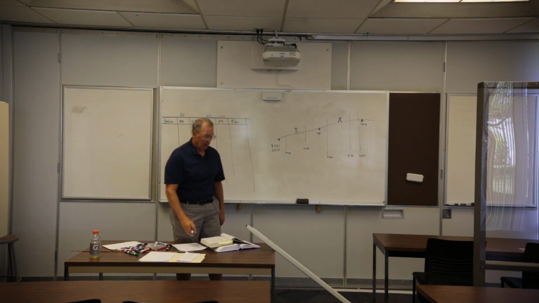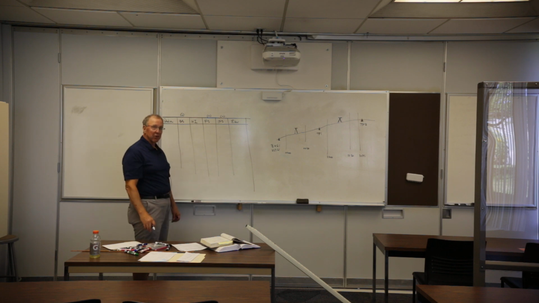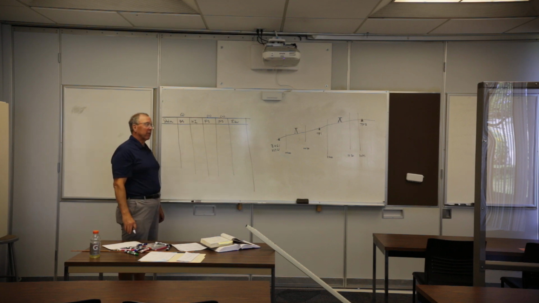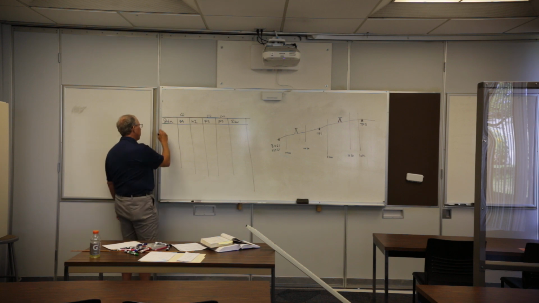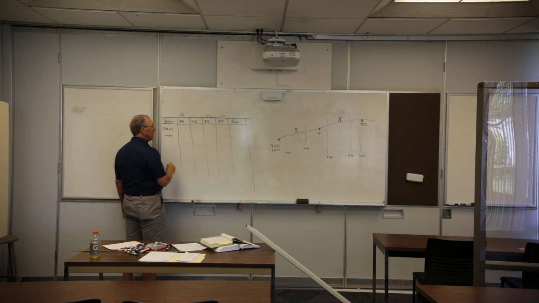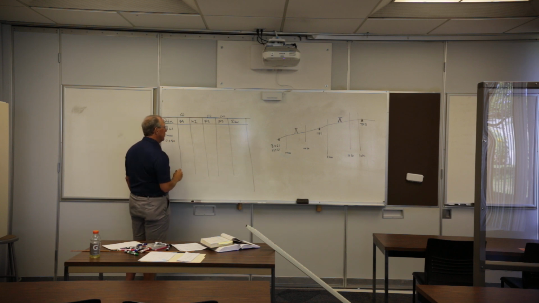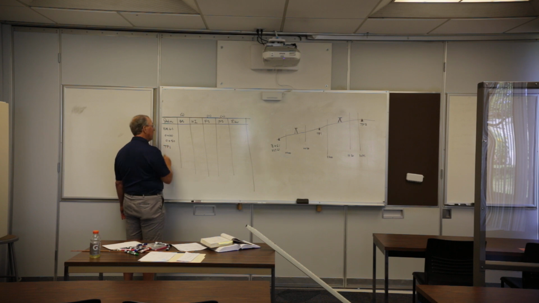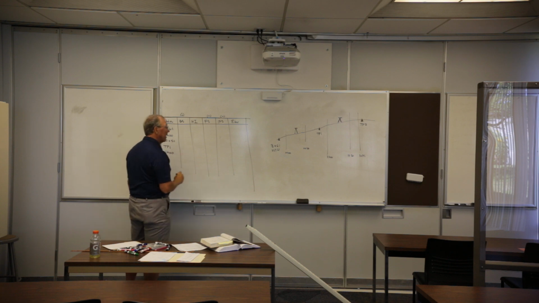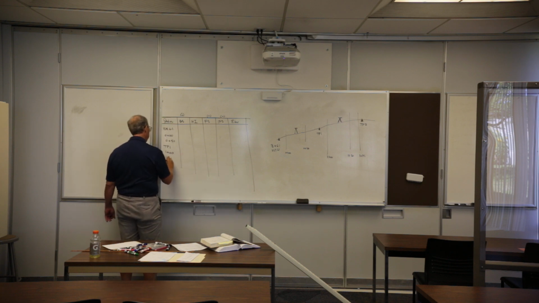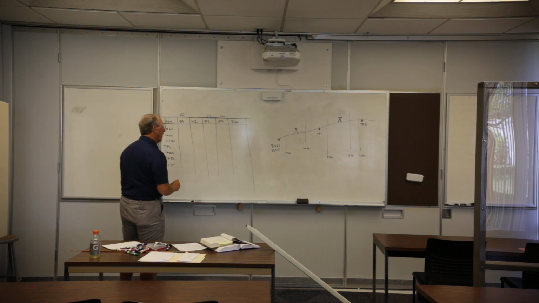Okay, now I'm going to go ahead and show you how to populate this thing, and then we're going to go ahead and figure it out. Okay, stations. Looks like BM61 is first. Station 0 plus 00, 0 plus 50, TP1, 1 plus 00, 1 plus 50, 1 plus 75 and TP2.